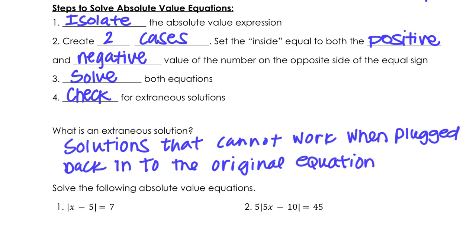That also begs the question: you have to plug it into the original equation. You don't plug it into one of the two cases that you made. You plug it into the original.